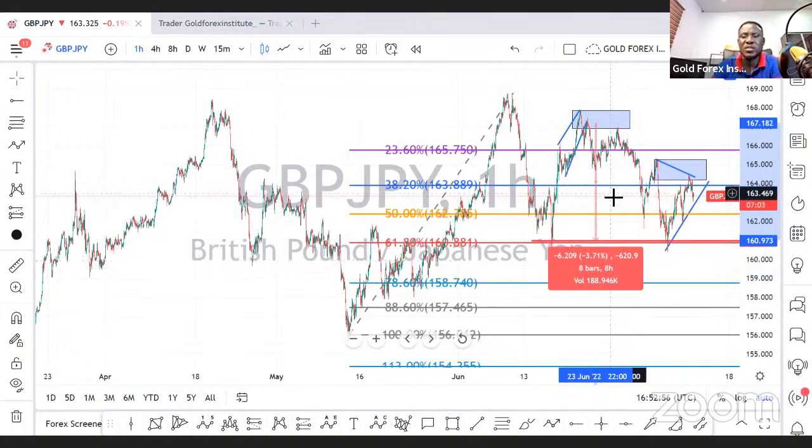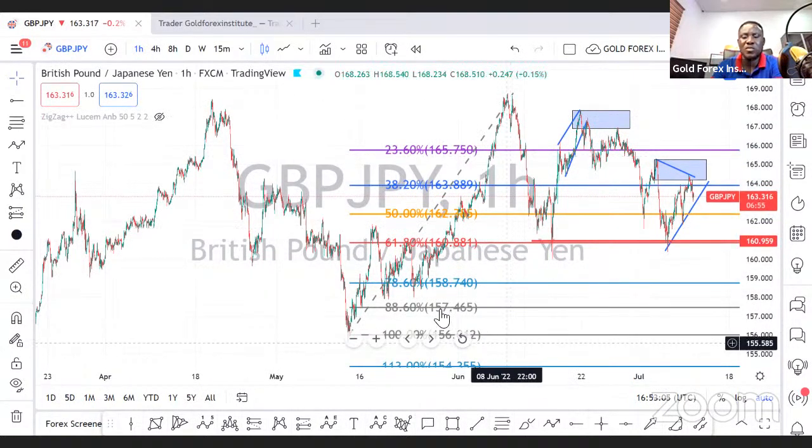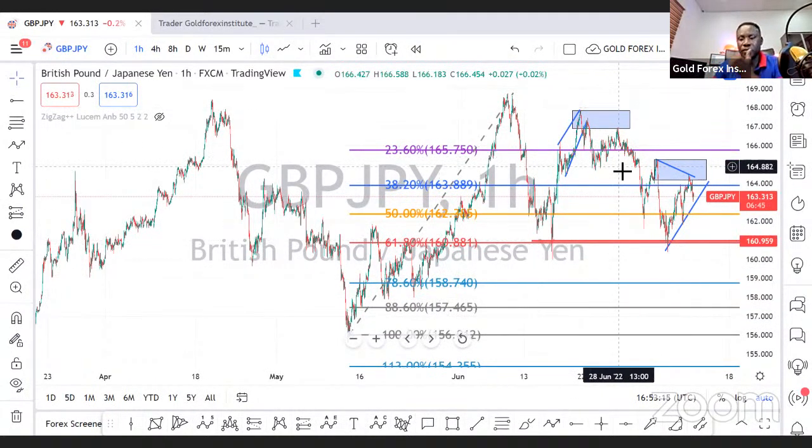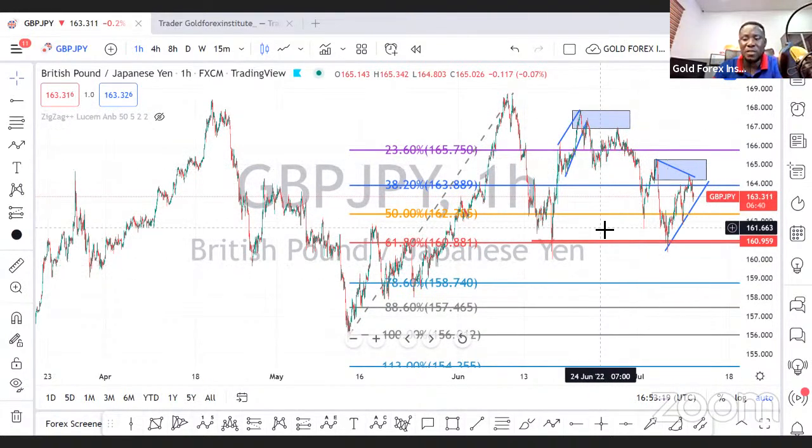So we made over 600 pips over here. That was a great move. That alone, I think, made a few guys pass their proprietary trading account. Just one move. I think we had like 3 trades and everything went in our favor.